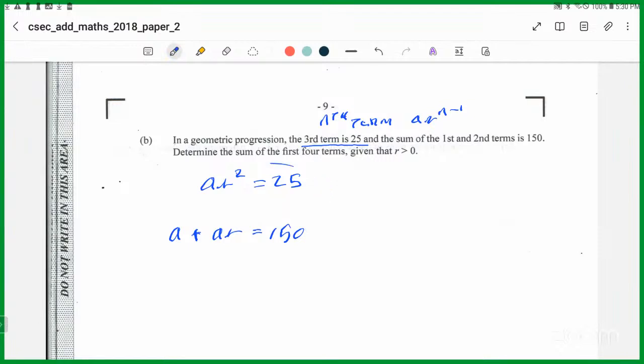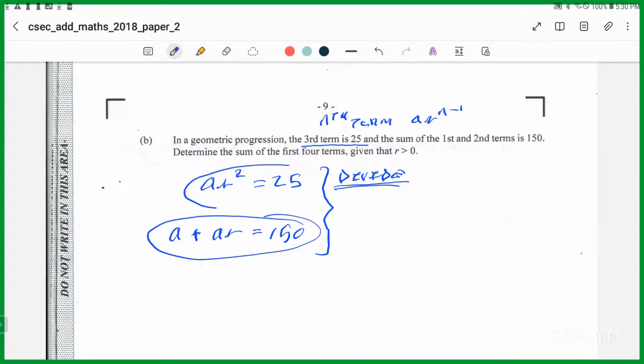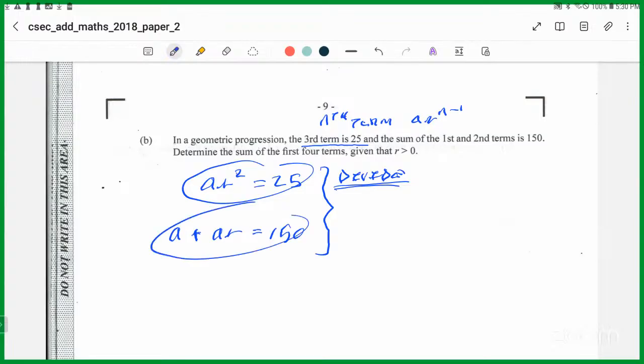If we divide these 2 equations right now, we will be eliminating the A. I'm going to divide the second equation by the first one, putting the second equation on top. Either way it doesn't matter.